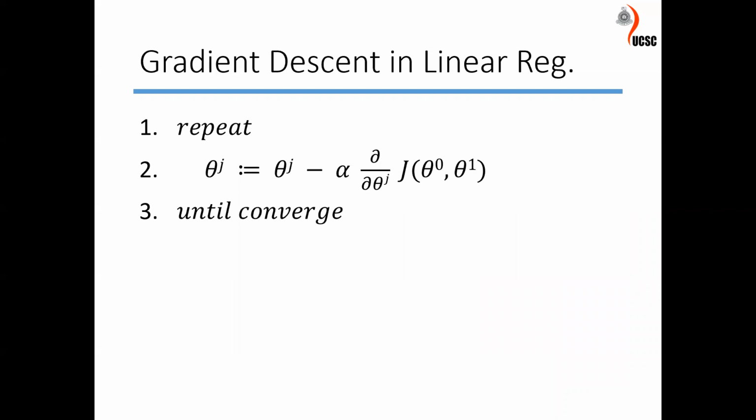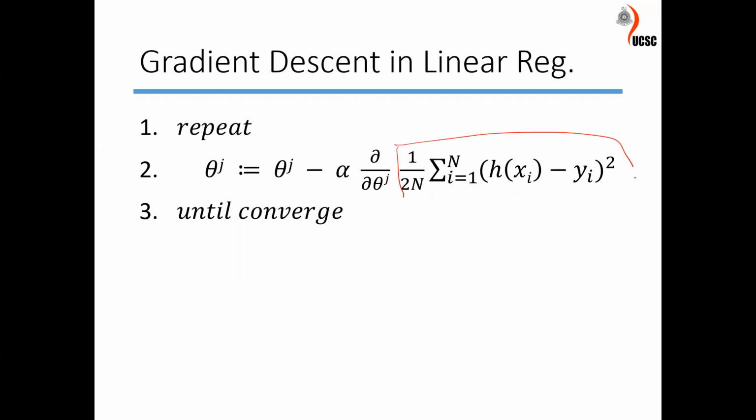So if we come back to the gradient descent, we basically know the cost function J, which we discussed previously, right? In here we can substitute it with the cost function. It's a function of x and y.